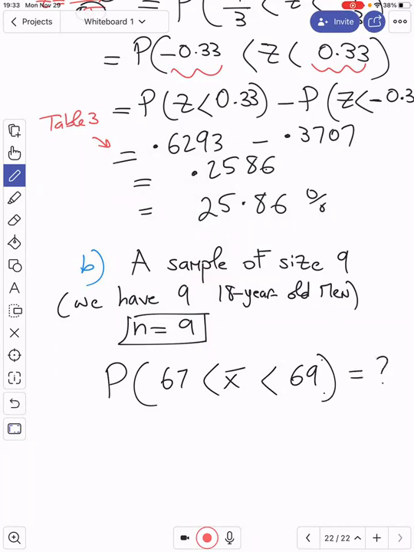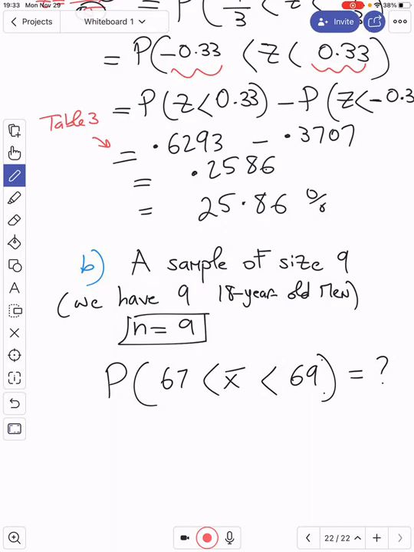By our theorem, we know this sample mean follows a normal distribution. So we can convert the variable to z and then use table number 3, etc.